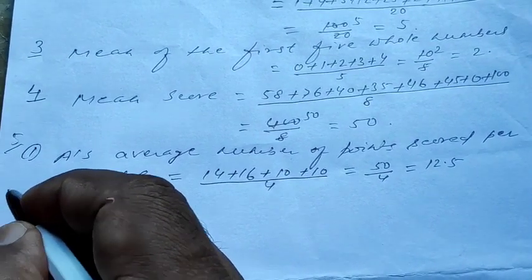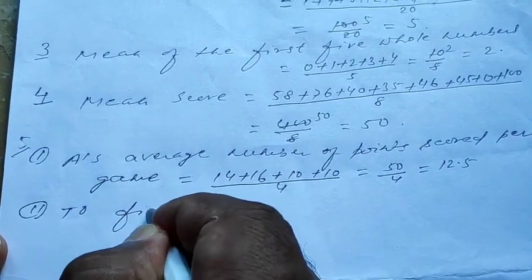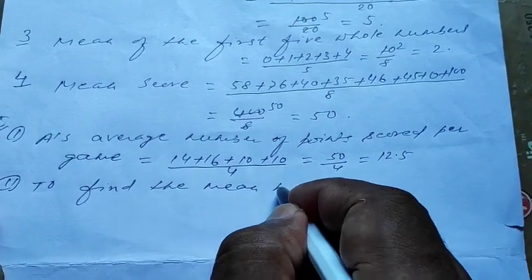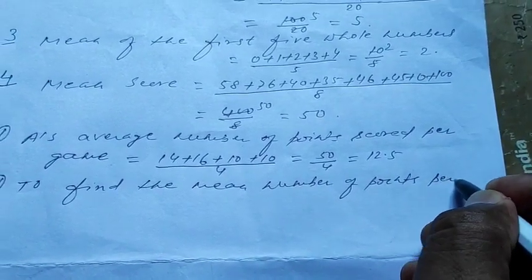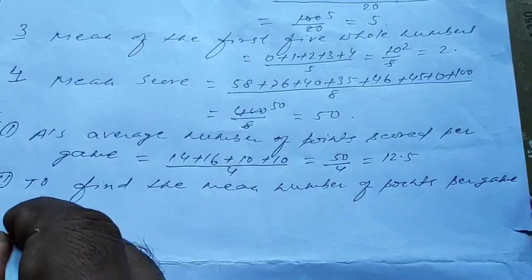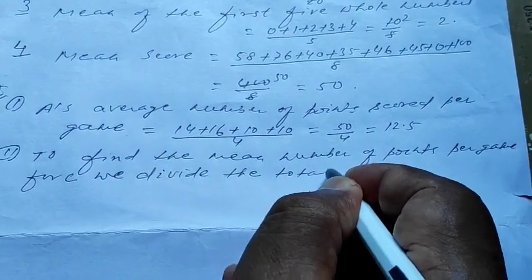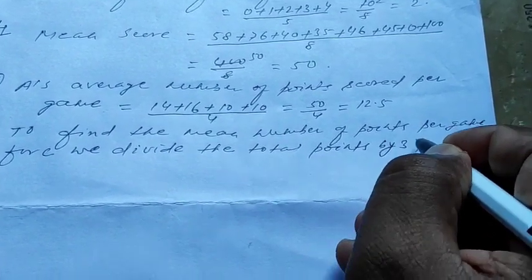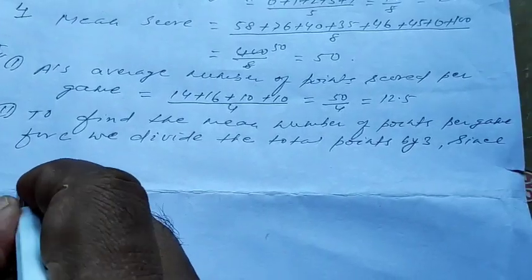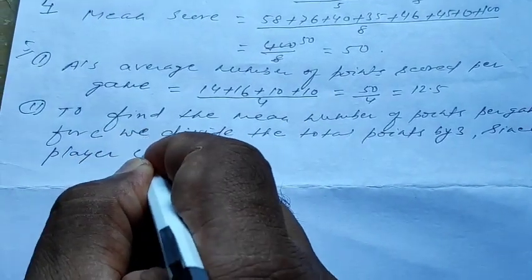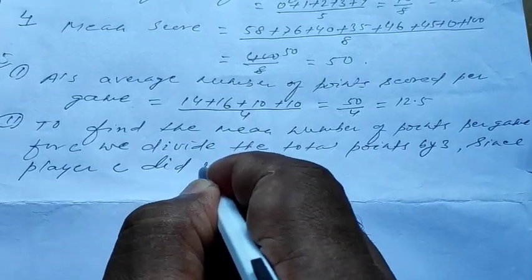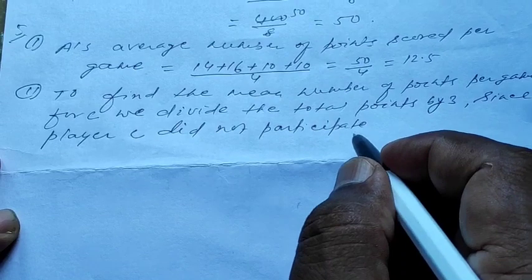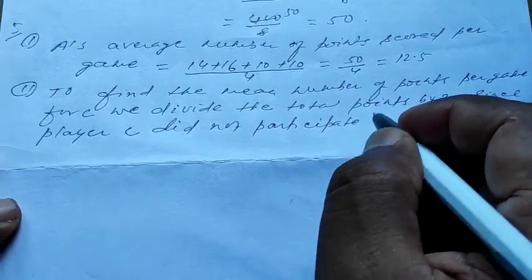The answer to this question: to find the mean number of points per game for C, total points by 3, since player C did not participate in all the 4 games.